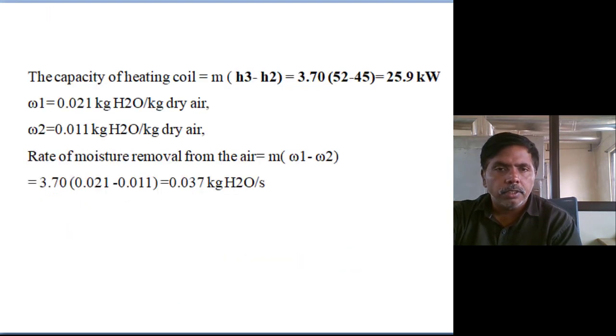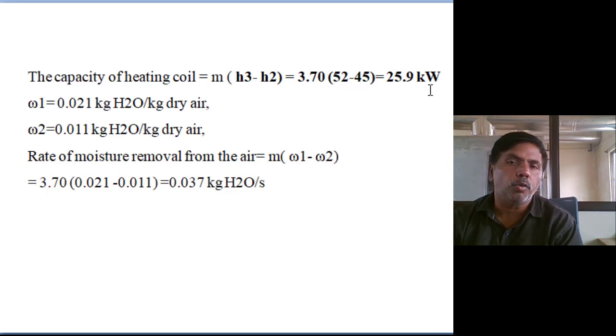The capacity of heating coil is 3.7 into 52 minus 45, that is 25.9 kilowatt. Here they have not asked in tons. If they ask in tons, you can give in tons also.